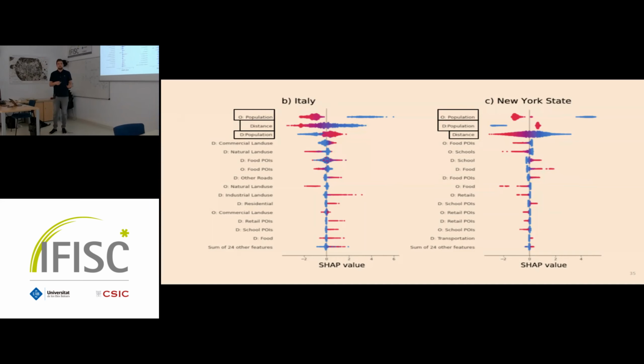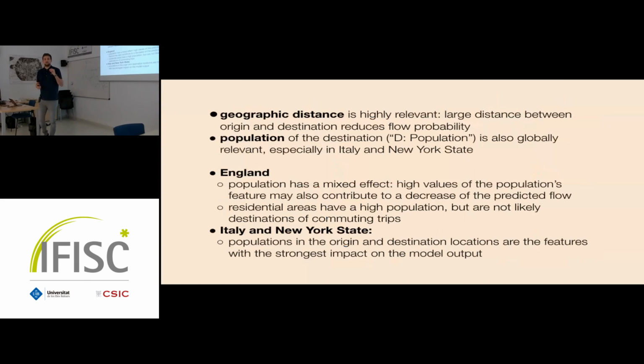And trying to understand how to optimize, for example, the opening of new shops, or placing a bus station in a specific place, and having feedback of this kind can be very important.